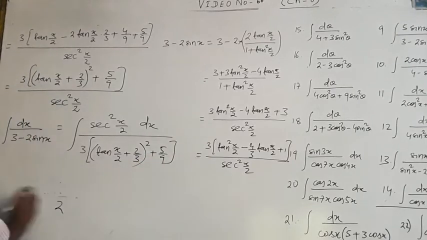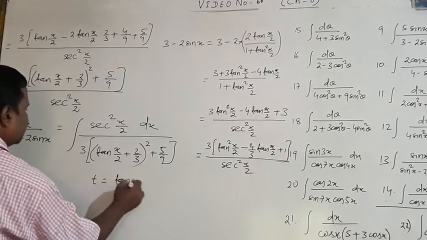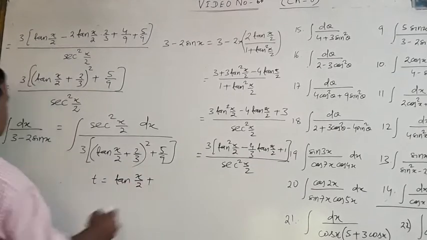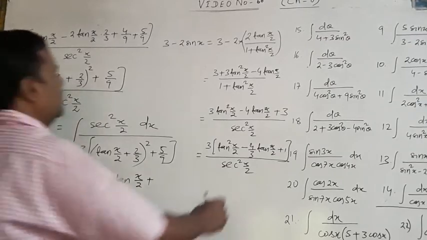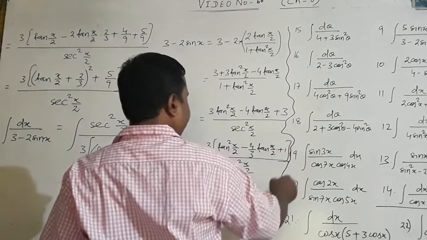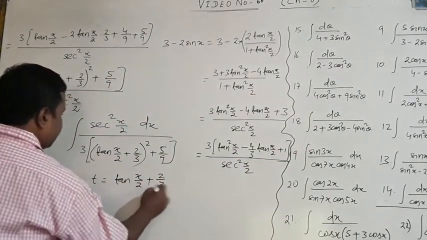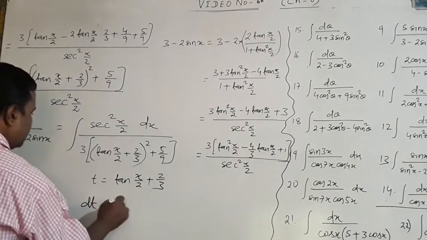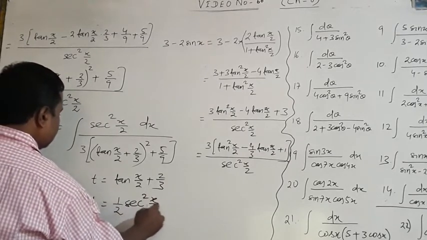Now put t equal to tan x by 2 plus 2 by 3, so dt is equal to half sec square x by 2.